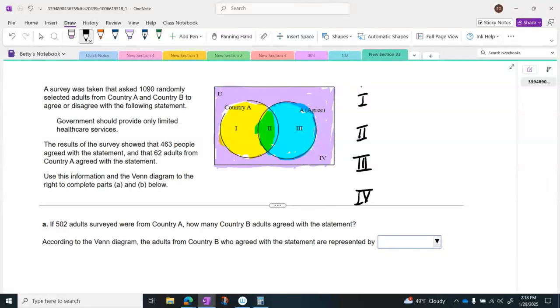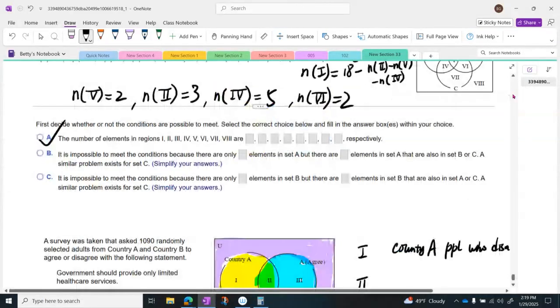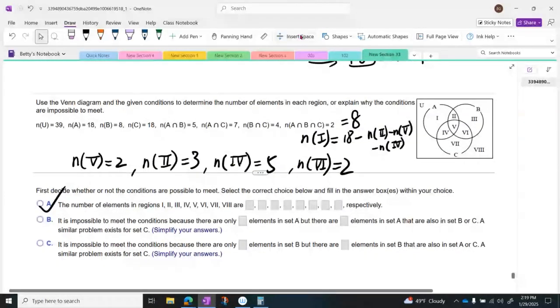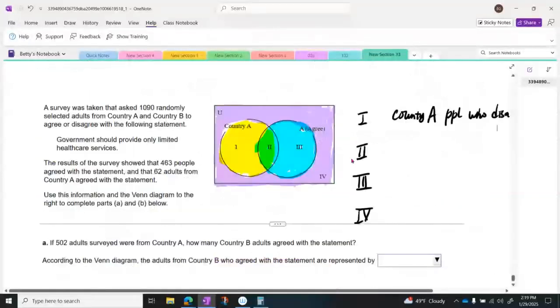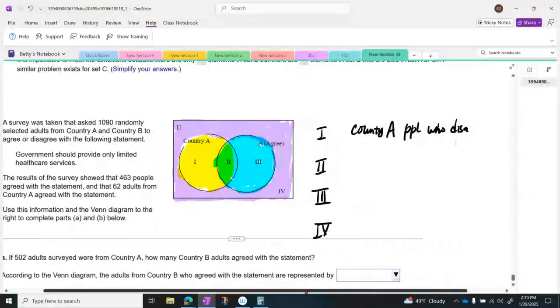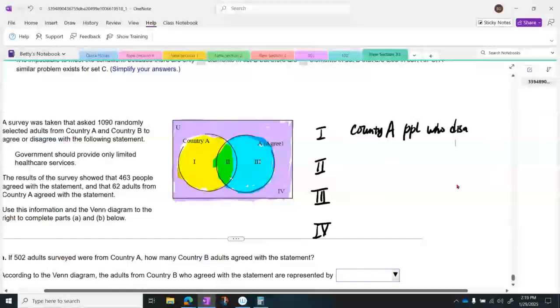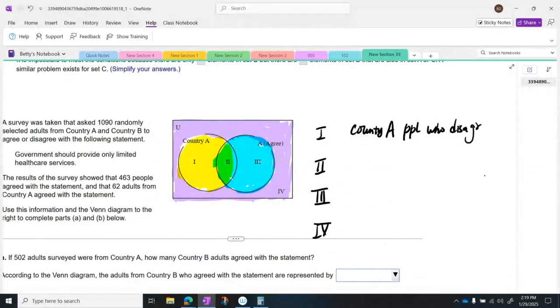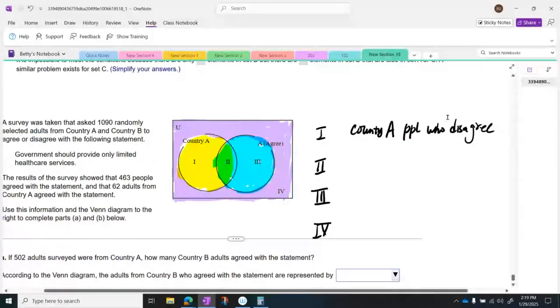Region 1 includes subjects from country A who disagree. Oops, sorry. Who disagree. Because it's not in the blue circle, right?